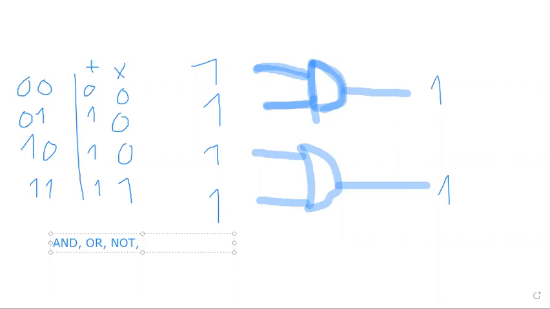And then we have some other more complex gates that we will explain later: the XOR, the XNOR, the NAND, and the NOR. But for this first video, I think that we have covered the most basic elements.